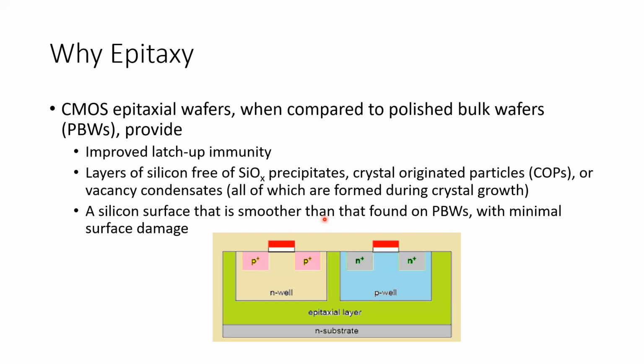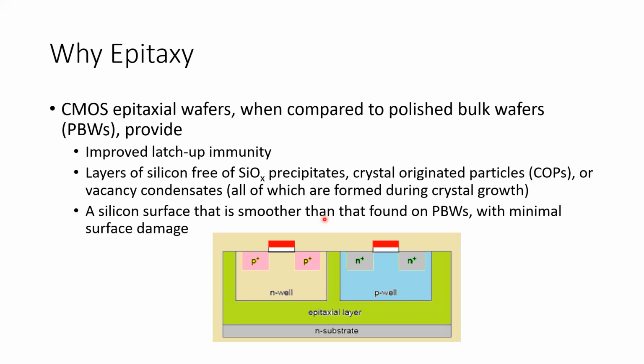The epitaxial layer also is free of silicon oxide precipitate, free of crystal originated particles, COPs, or we can say condensates. Those precipitates and COPs are formed during the crystal growth. So if we use the bulk wafer, the polished bulk wafer, these are the problems.